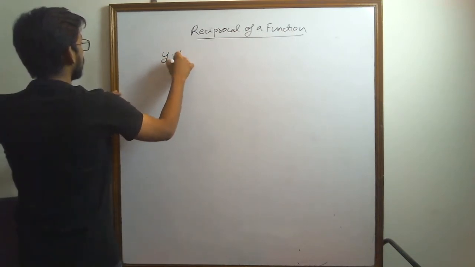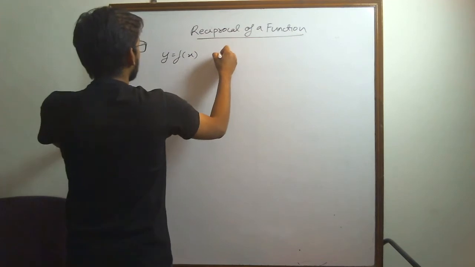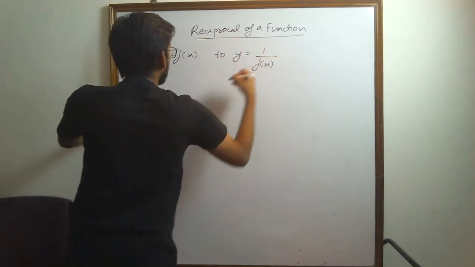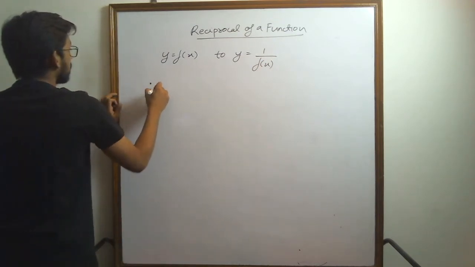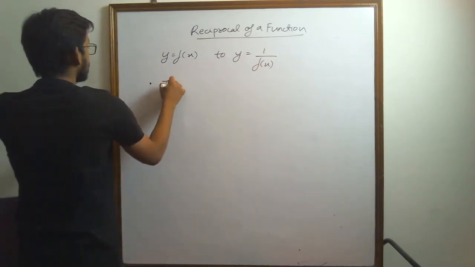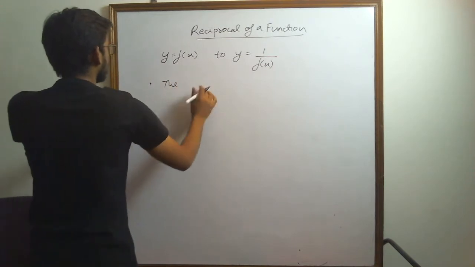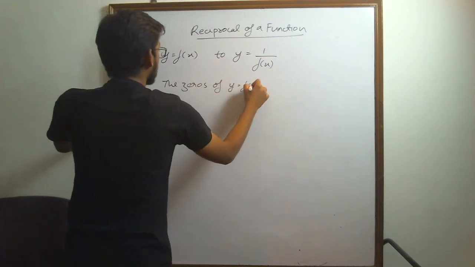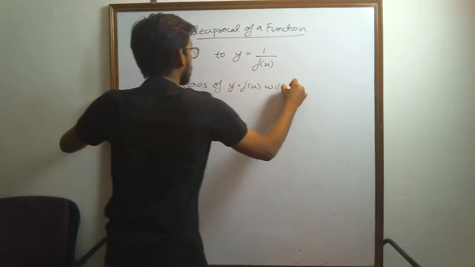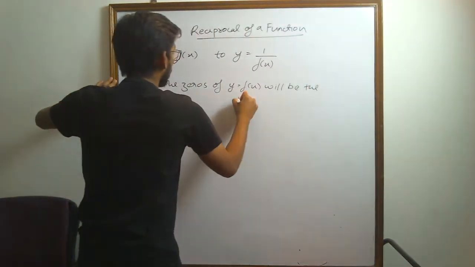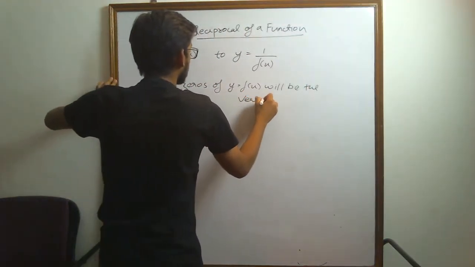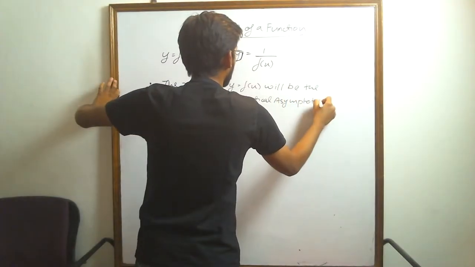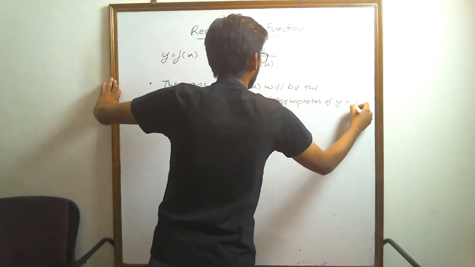So if y is equal to f of x is a function and we want to graph y is equal to 1 upon f of x, then these are the points that we need to remember. First, the zeros of y is equal to f of x will be the vertical asymptotes of y is equal to 1 upon f of x.